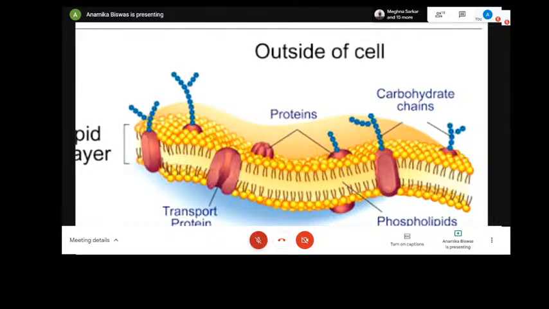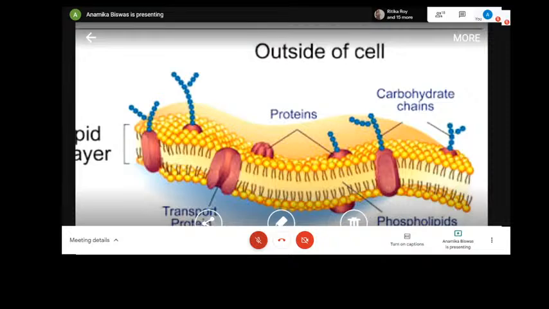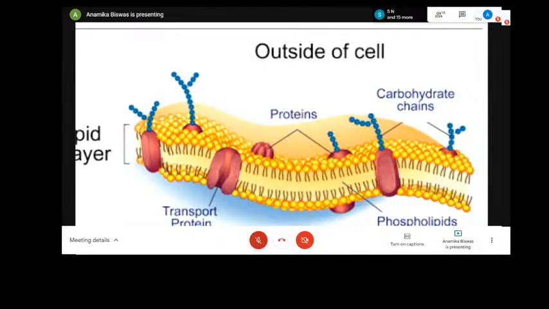Now, you need to know what active transport is. Active transport is the movement of molecules across the membrane against their concentration gradient. So, what is a concentration gradient? Normally, molecules move from higher concentration to lower concentration.